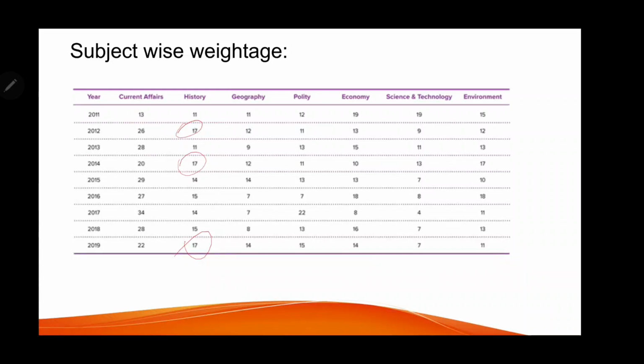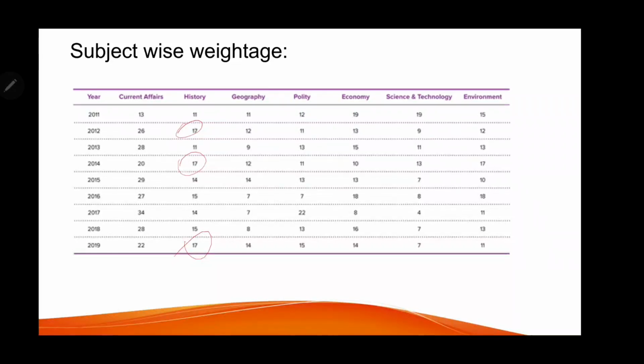So history had a strong hold in the general study. We can see this weightage of the history from this graph of the UPSC year wise, right from 2011 up till 2019.